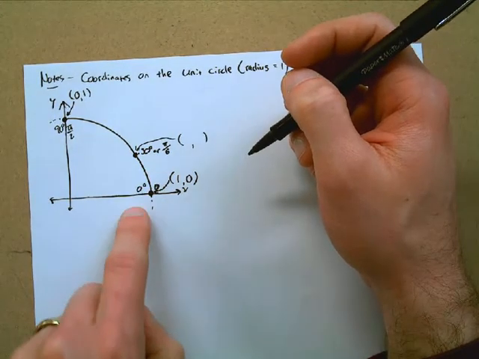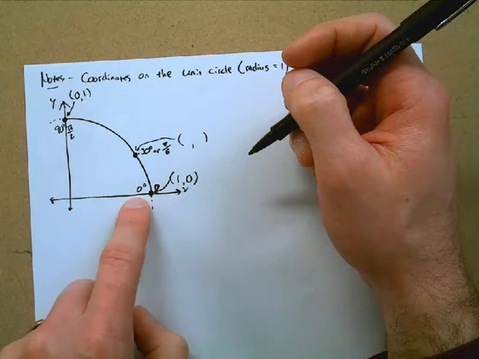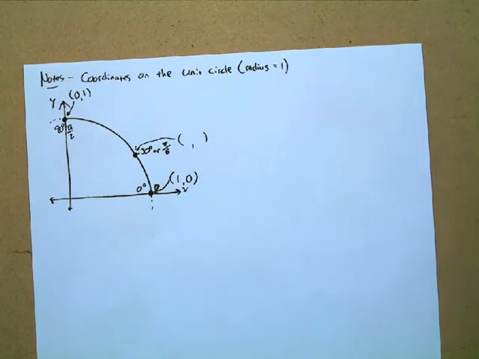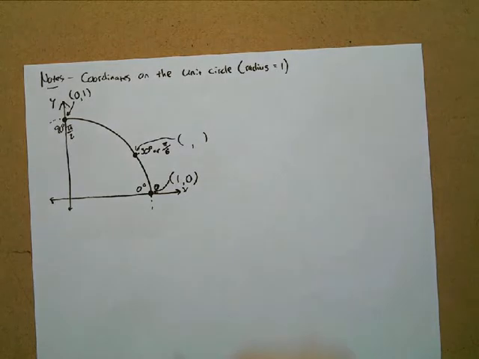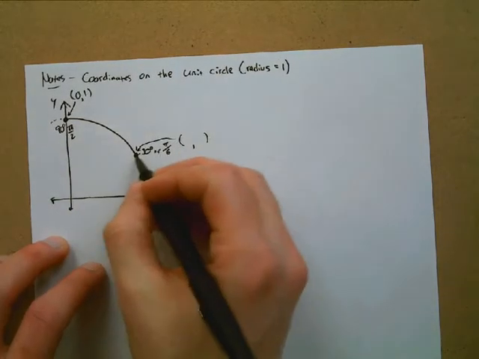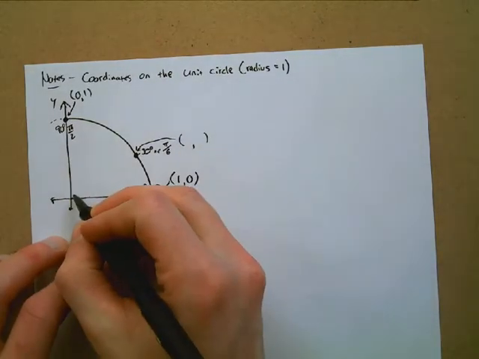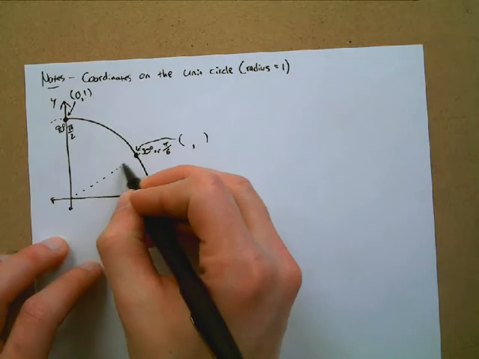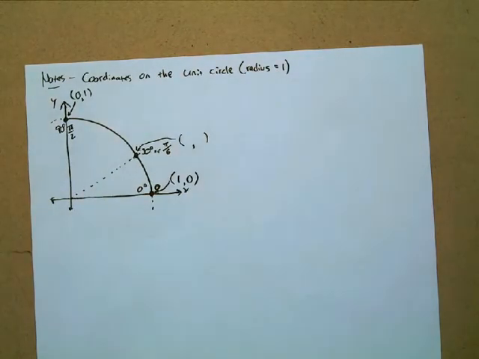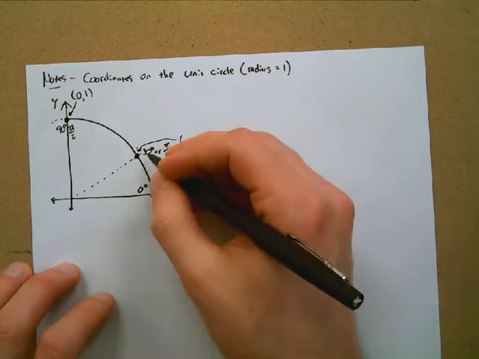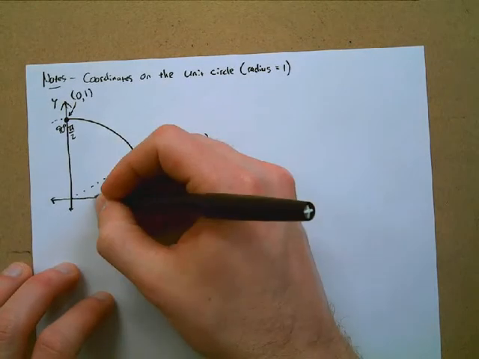Well, remember this 30-degree angle is centered at the origin. That 30 degrees you can think of as being measured right there, off the x-axis.